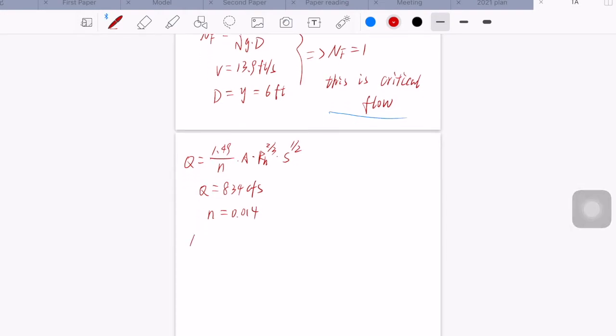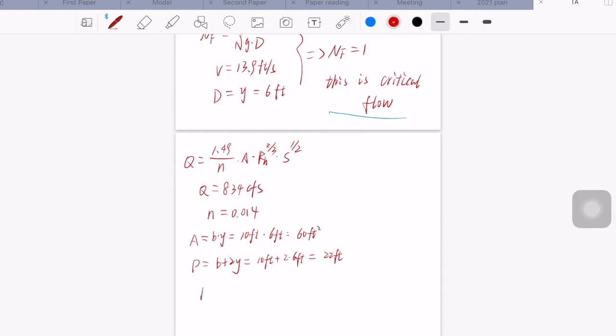And A equals B times y, so equals 10 feet times 6 feet. So the cross-sectional area is 60 square feet, and the wetted perimeter P equals B plus 2y, so equals 10 feet plus 2 times 6 feet. So the value is 22 feet.